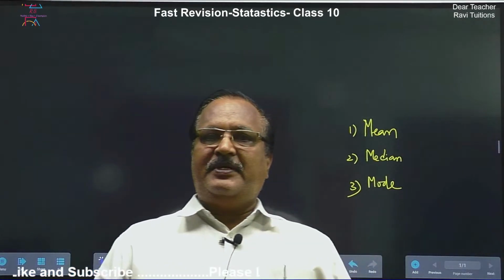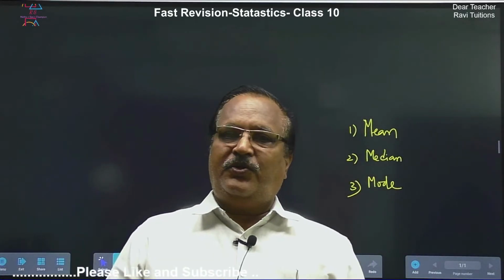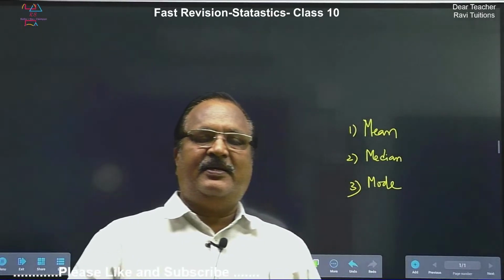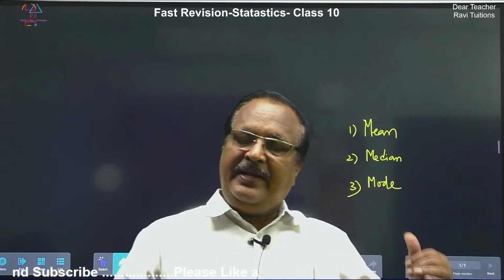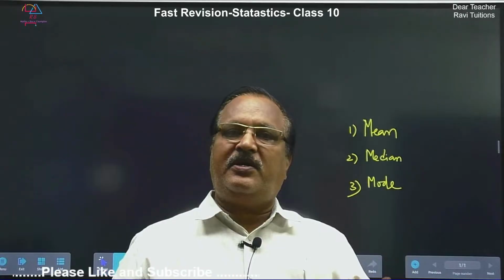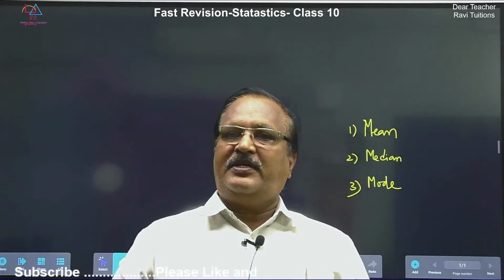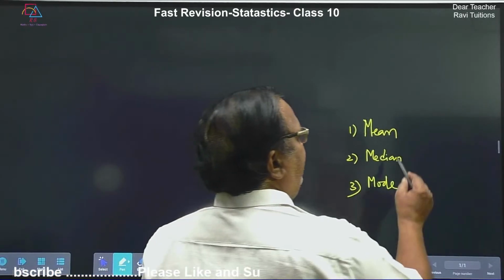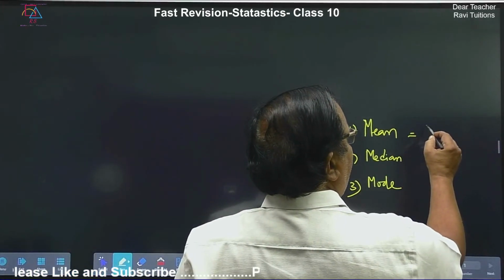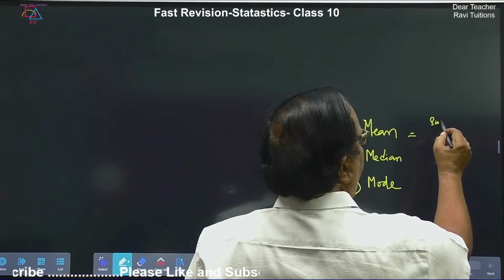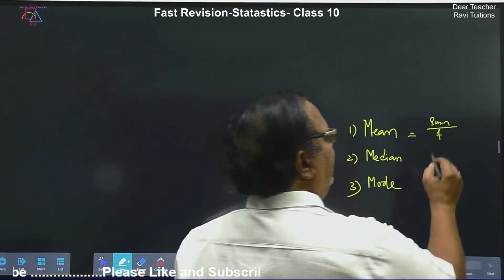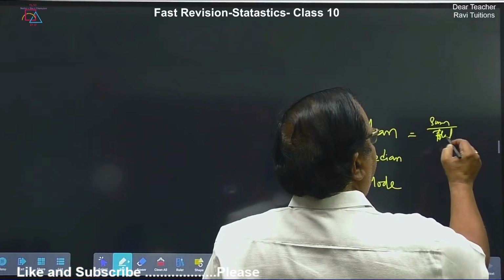So in the examination, if it is given average, don't get confused. These three are averages. Mean is sometimes also called arithmetic mean. Mean is just average, the sum by total frequency. There is no change in this.